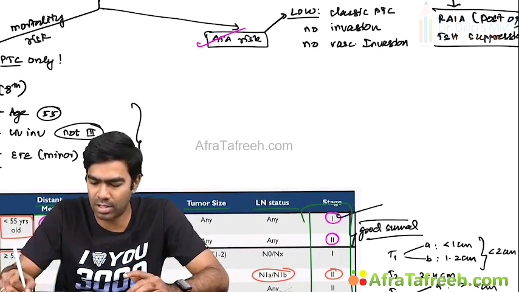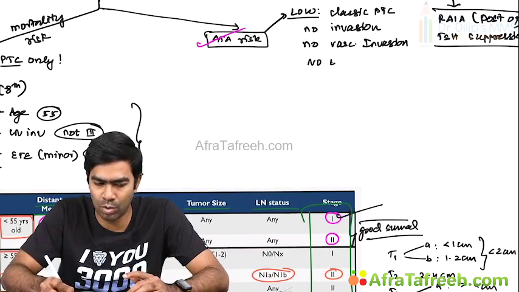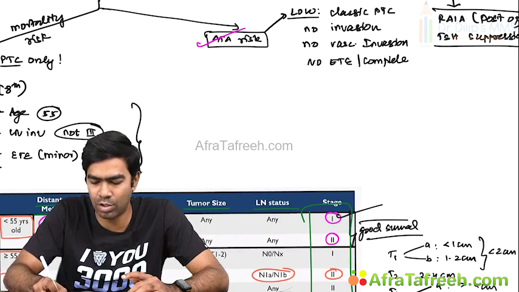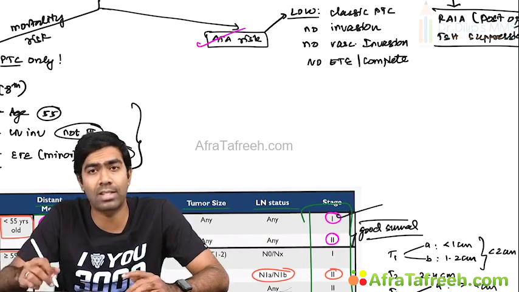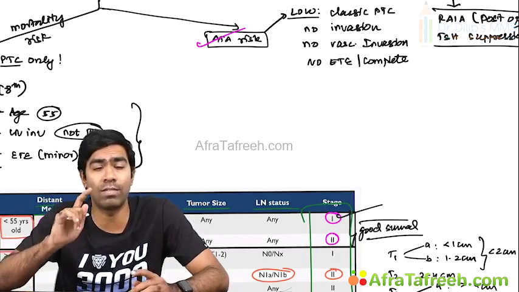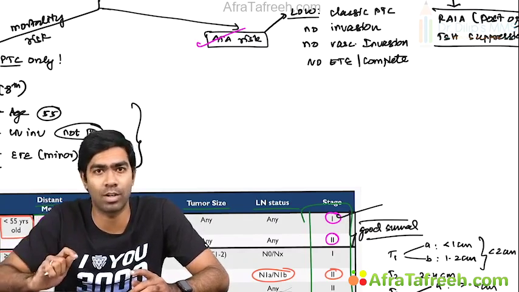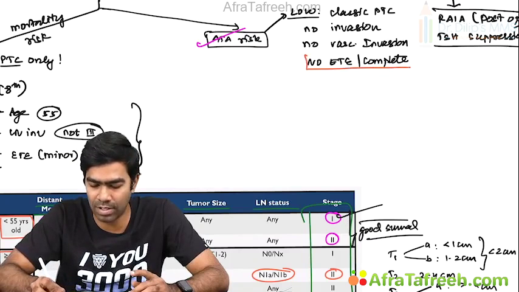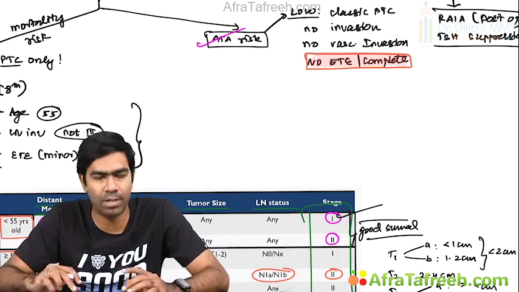And if the surgeon tells there is absolutely no extrathyroidal extension, in the sense he has completely resected the tumor, and even the pathologist has agreed to the surgeon, there is not even a microscopic extrathyroidal extension. So this, I feel, is the most important thing that comes under the low risk. Clear? No extrathyroidal extension, either microscopically or macroscopically, it's a complete resection.